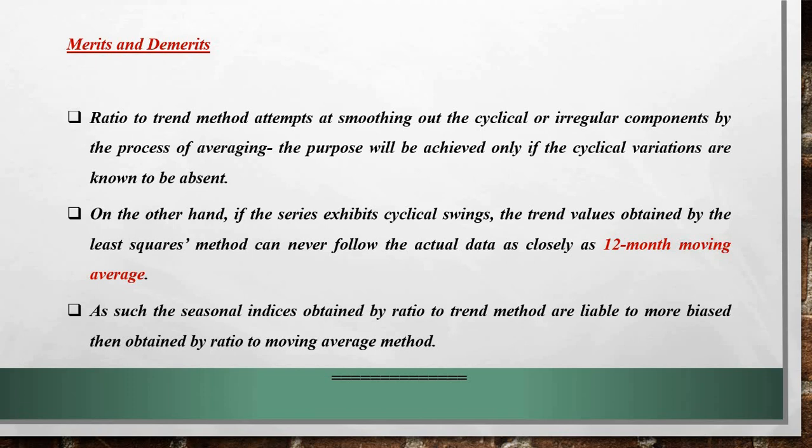On the other hand, if the series exhibits cyclical swings, the trend values obtained by the least squares method can never follow the actual data as closely as a 12-month moving average. As such, the seasonal indices obtained by ratio to trend method are liable to more bias than those obtained by the ratio to moving average method.